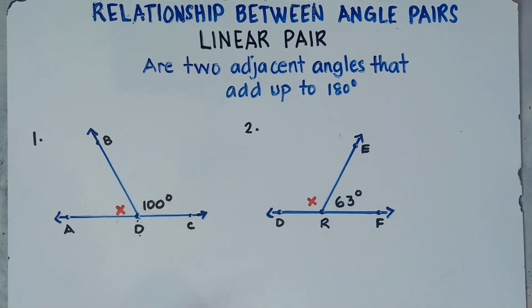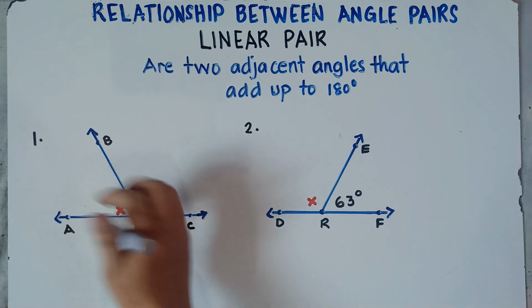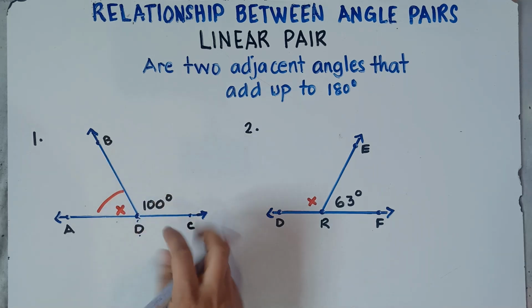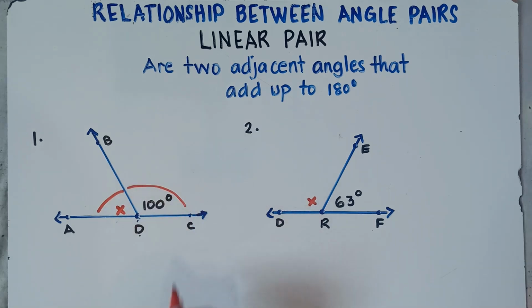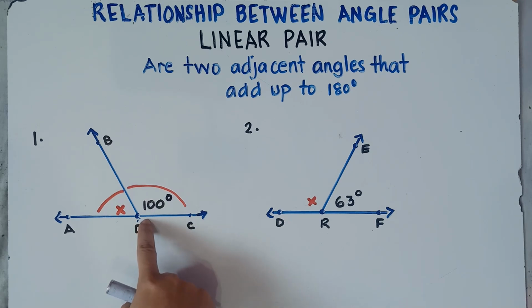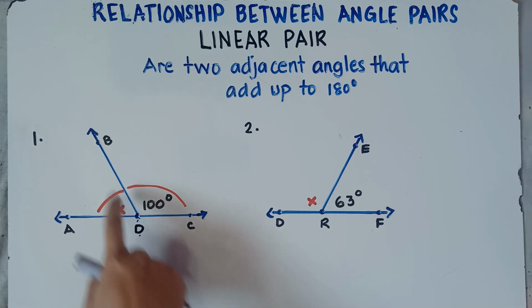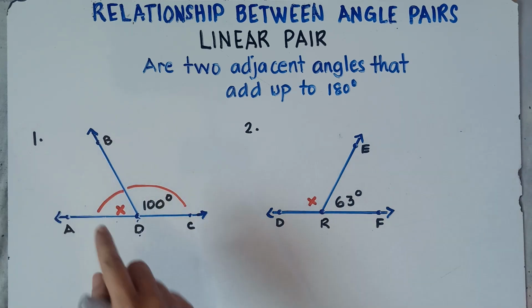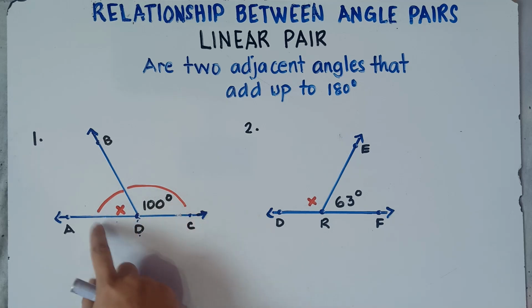Once again, this angle right here, angle ADB, and this angle, angle BDC, share a common vertex, that is vertex D, and a common side, that is side DB or ray DB. So once they share a common vertex and a common side, we call these two angles adjacent angles.